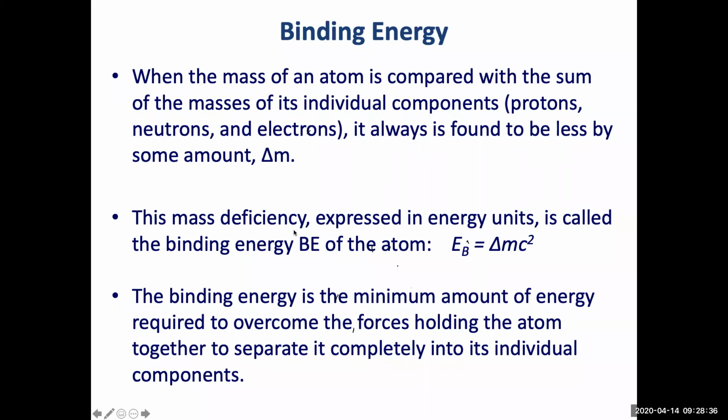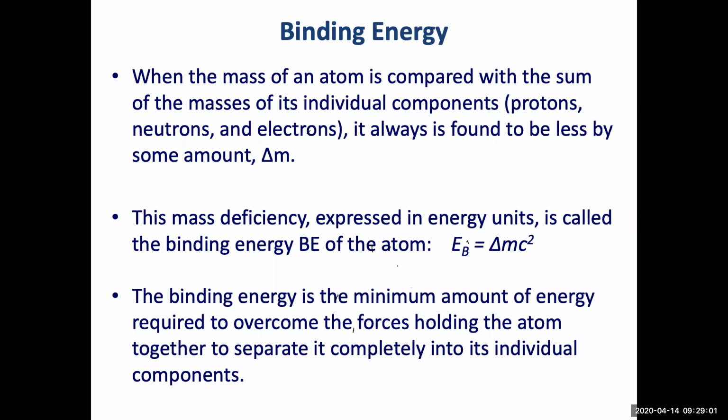This mass deficiency expressed in energy units is called the binding energy of the atom, which equals the mass deficiency multiplied by the square of the speed of light. The binding energy is the minimum amount of energy required to overcome the forces holding the atom together and separate it completely into its individual components.